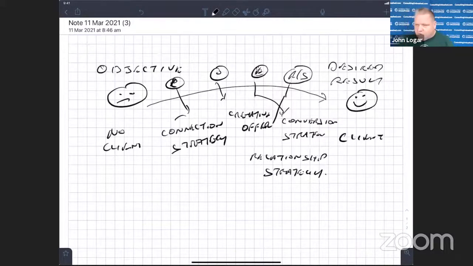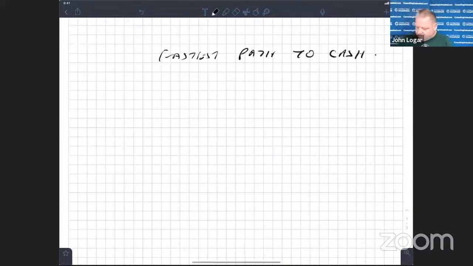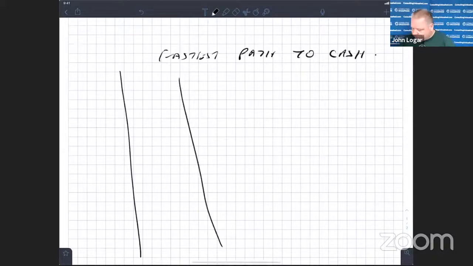Let's say we call this the fastest path to cash. We're drawing this diagram here.